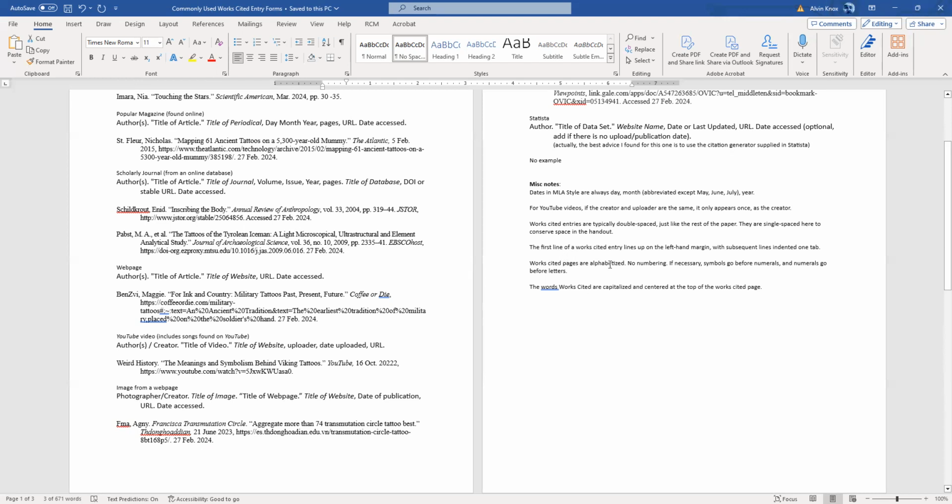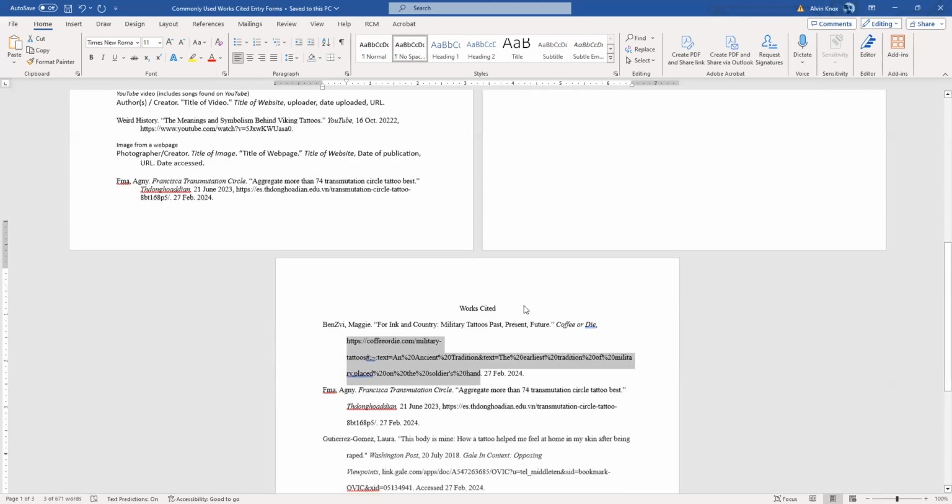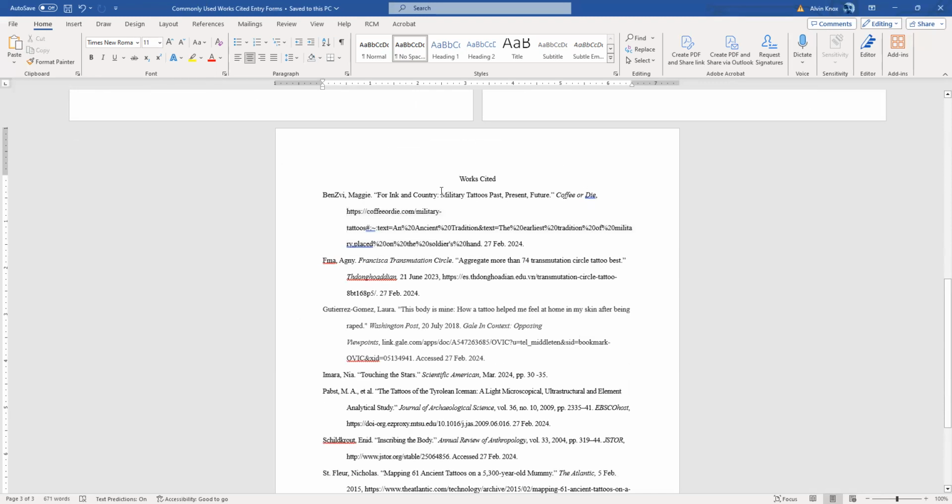Works cited pages, by the way, are alphabetized. There is no numbering. If you happen to have a title that starts with a symbol, that goes before a numeral. If you have a title that starts with a numeral, those go before letters. And on a works cited page, the words Works Cited are capitalized and centered at the top of the page. Works cited, alphabetical order.